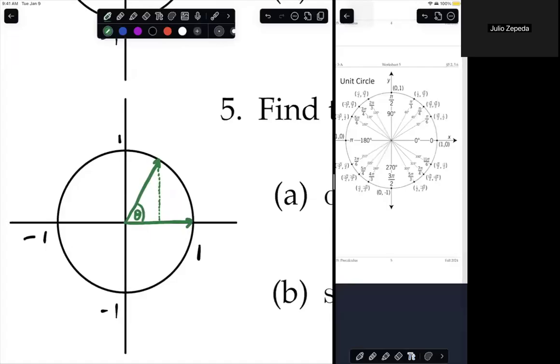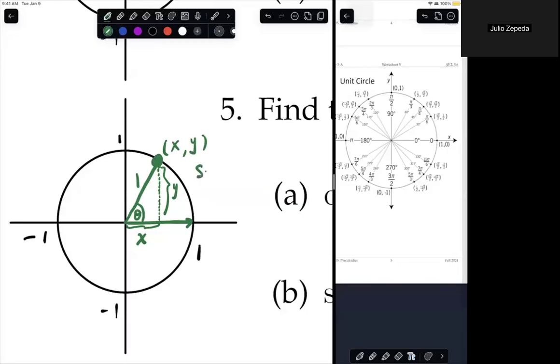And for now, I'm going to just leave this side length of the triangle, that small length there is x, and this vertical length I'm going to call y. And we know that the radius of this circle is 1, so the coordinates of this point on the unit circle are just going to be x comma y.